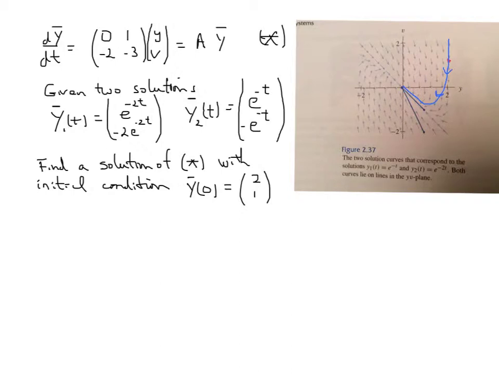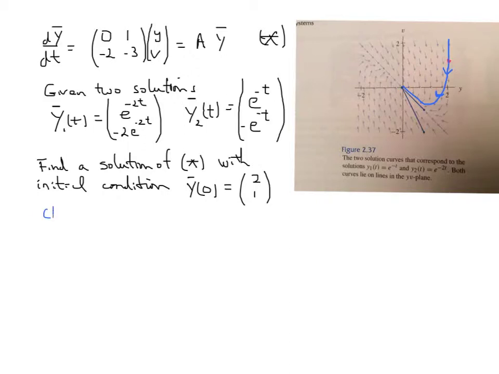Our theorem tells us that if we have two solutions that are linearly independent, then we can find the solution that goes through any initial point anywhere in this plane. So I've chosen this point as an example. Well, first is the test for linear independence.